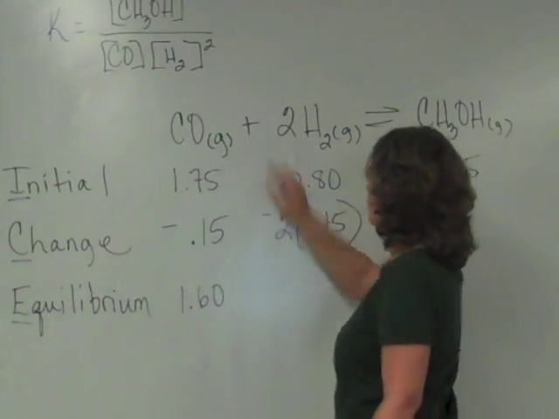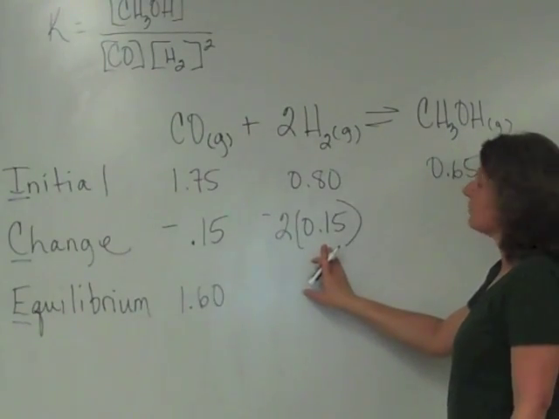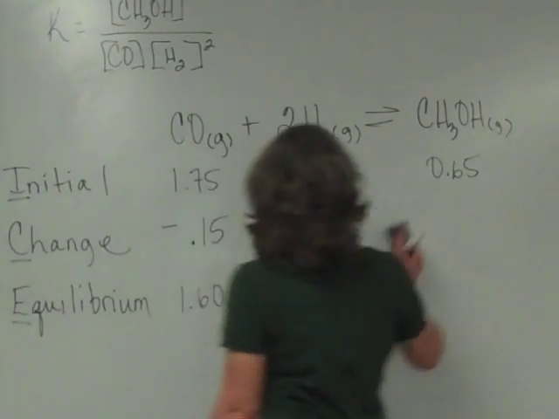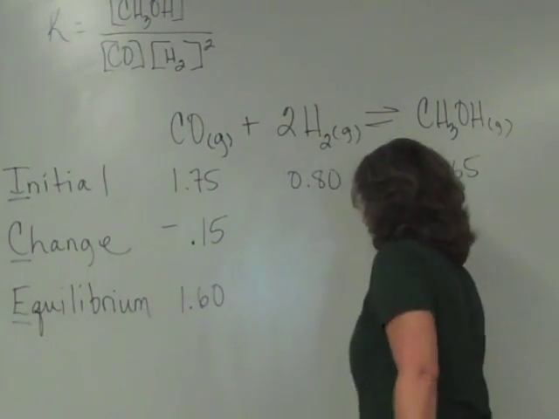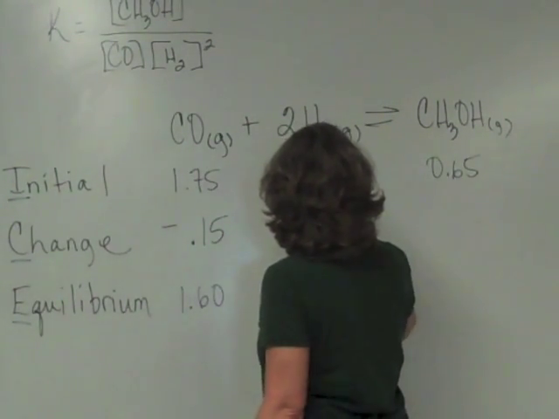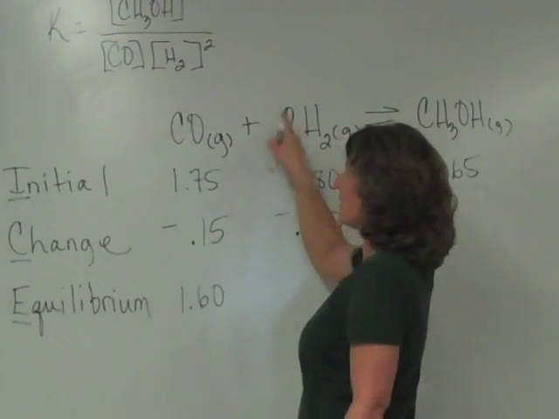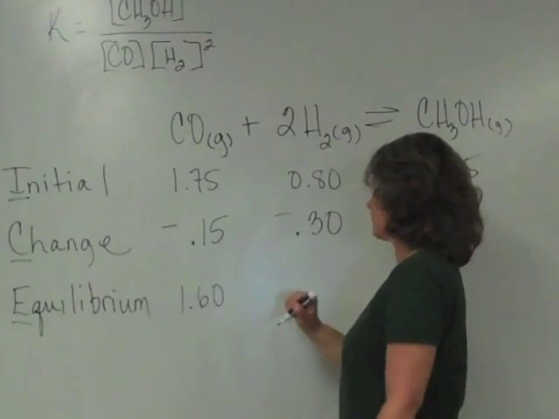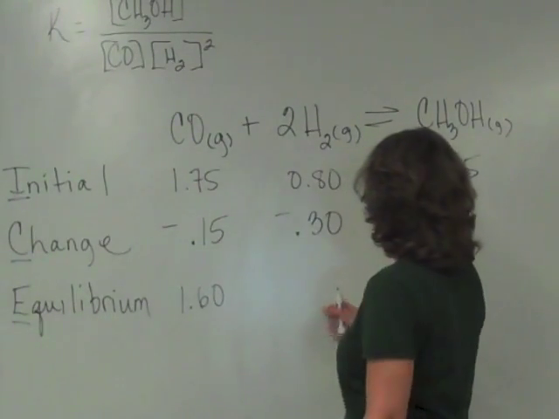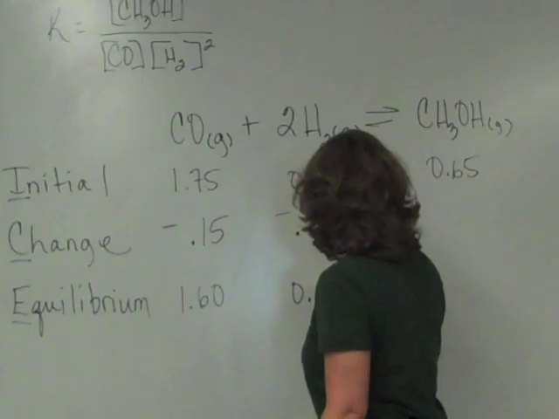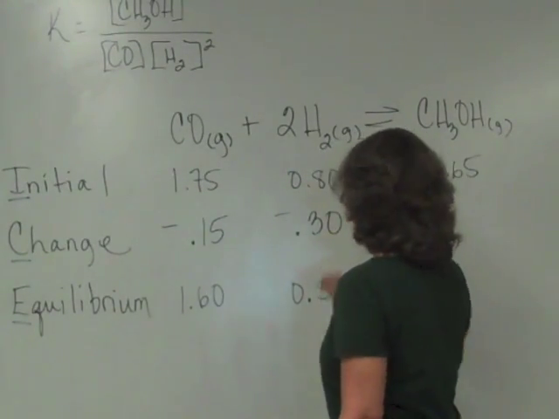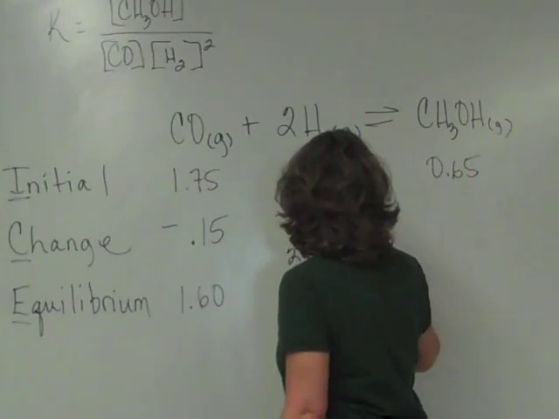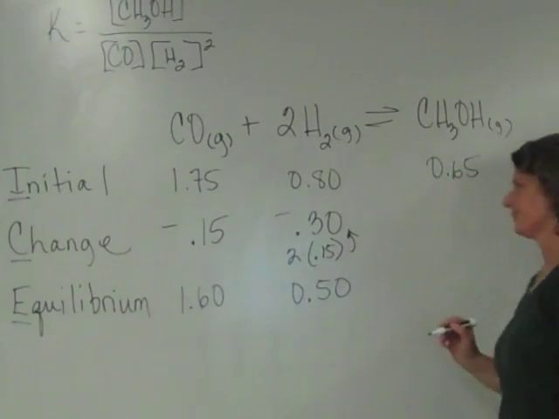Because they're in a 1 to 2 mole ratio. So what is this overall, you guys? It's 0.30. Twice as much as this. 2 times this amount. So what do I have at equilibrium? 0.50. I'm going to put right here 2 times 0.5. That's what that is.